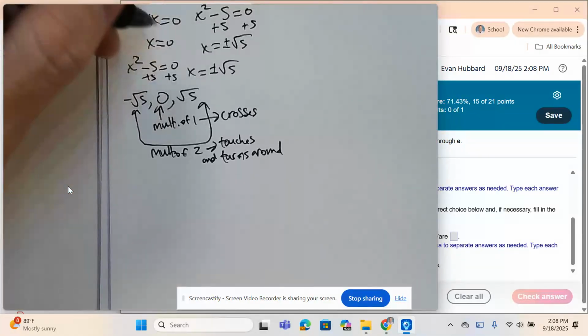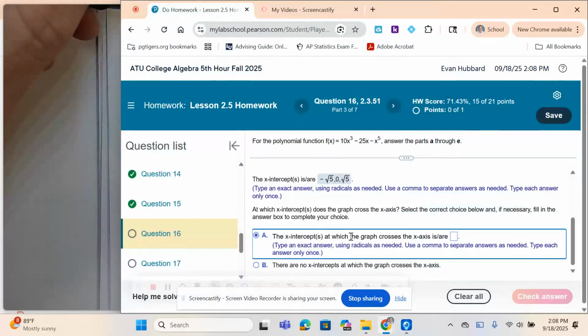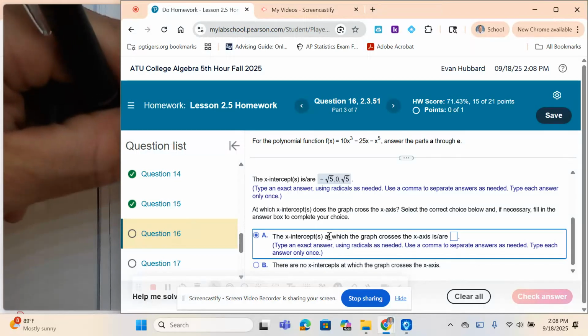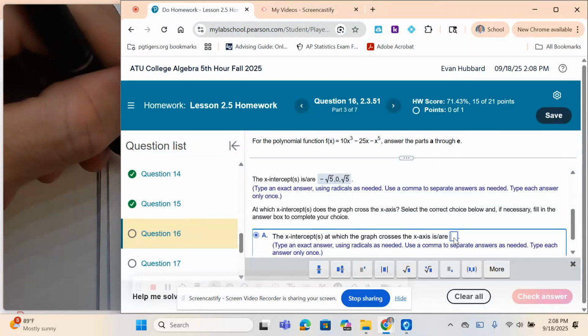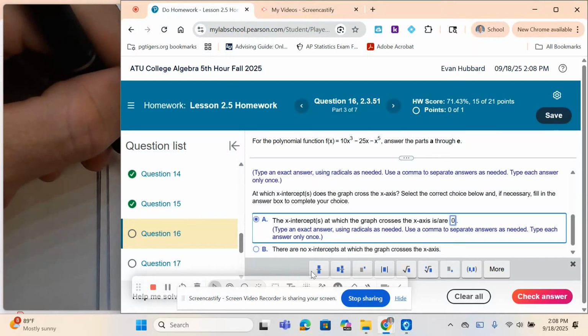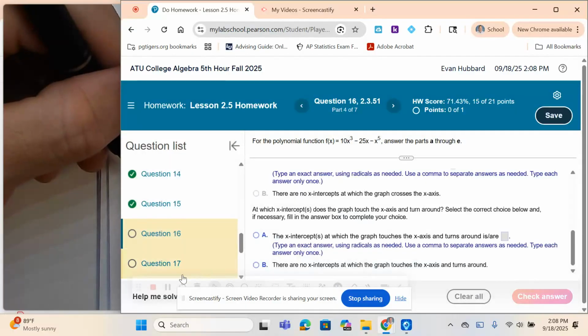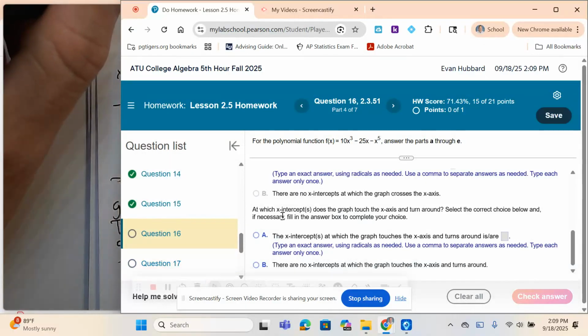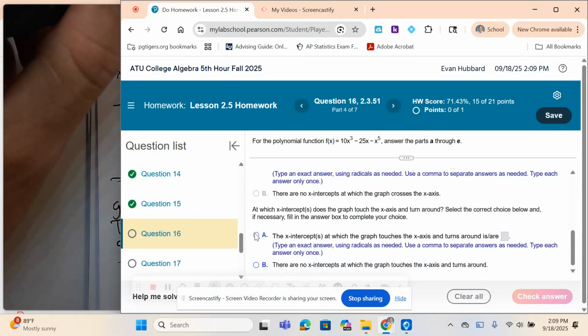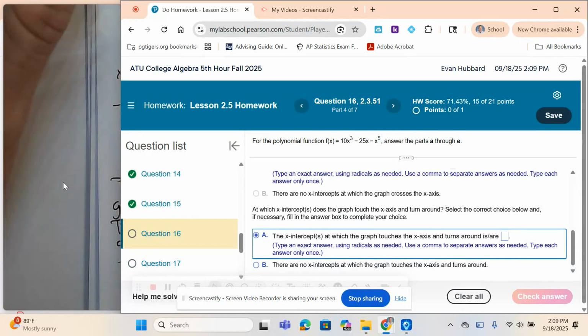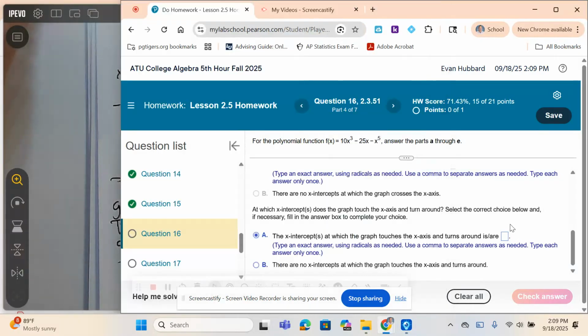So on this one, the x-intercept where it crosses the axis is 0. The x-intercepts where it touches and turns around, there's 2 of them because I have a multiplicity of 2, are negative square root of 5 and square root of 5.